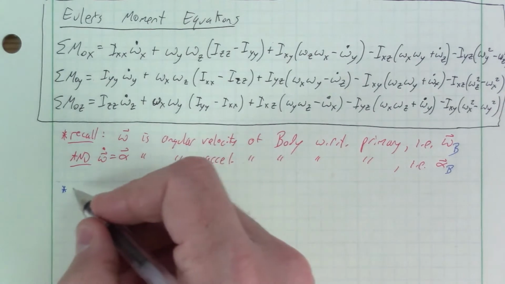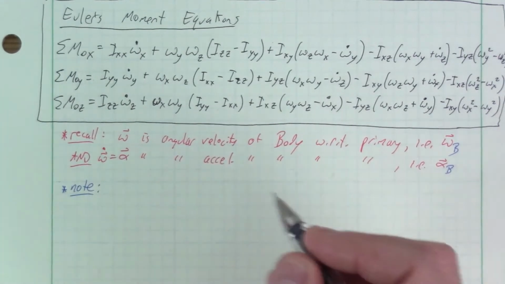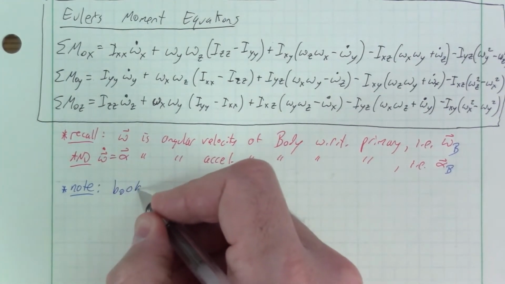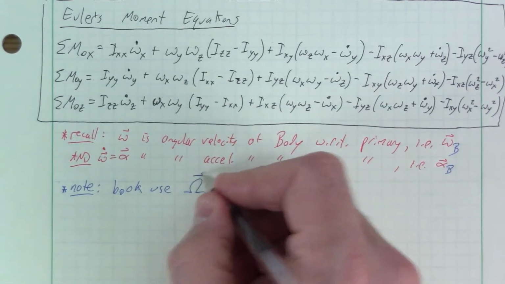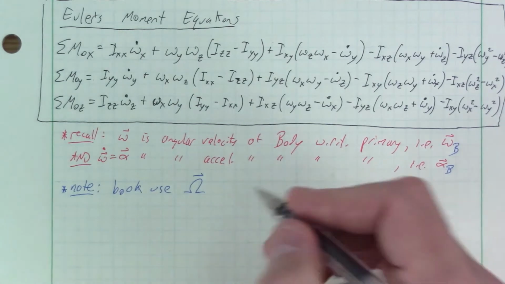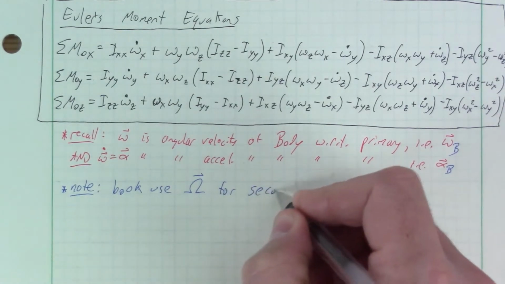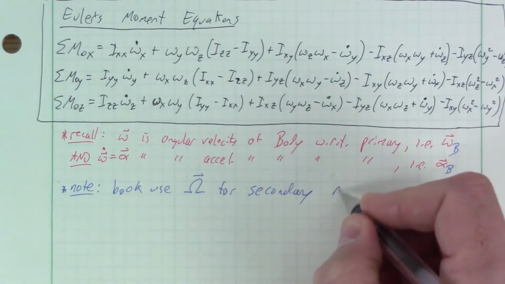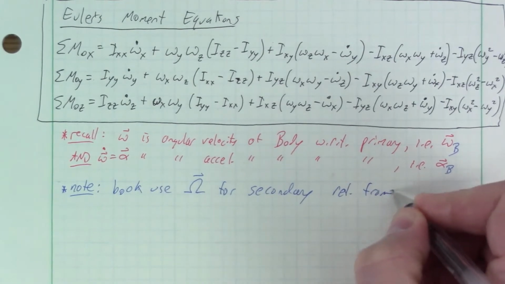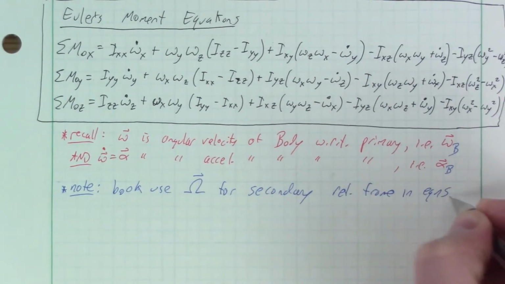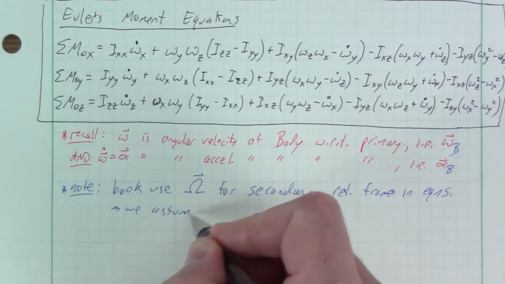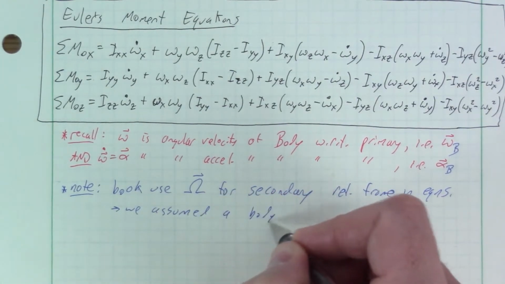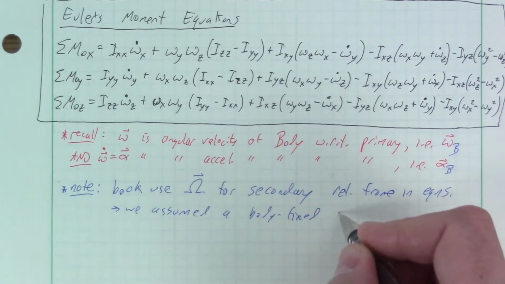It's assumed in these relationships. Okay, here's my note about the book. The book uses a capital omega for the secondary reference frame in the equations, but we assumed a body fixed coordinate system.